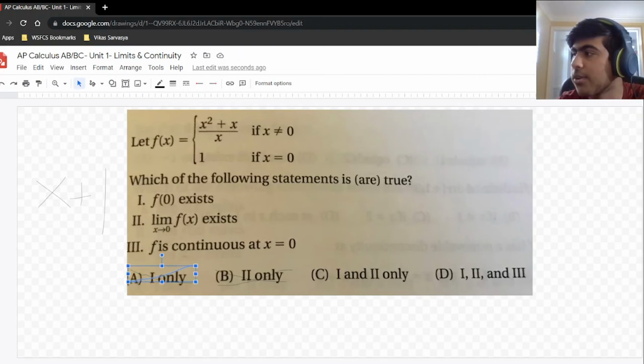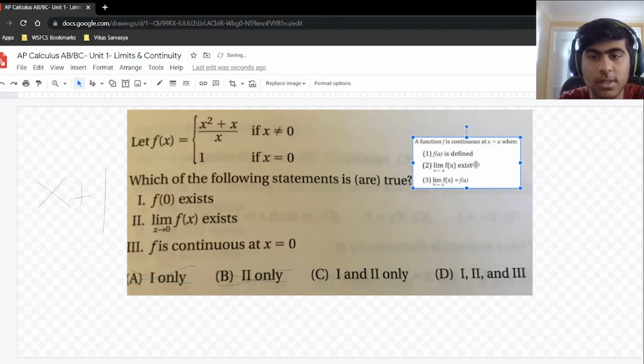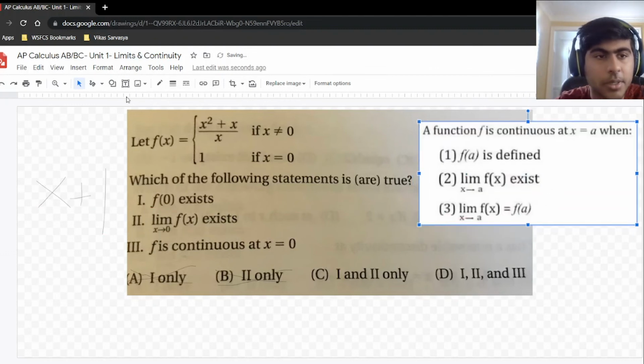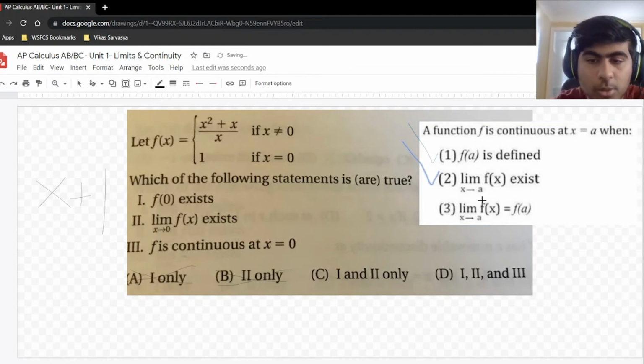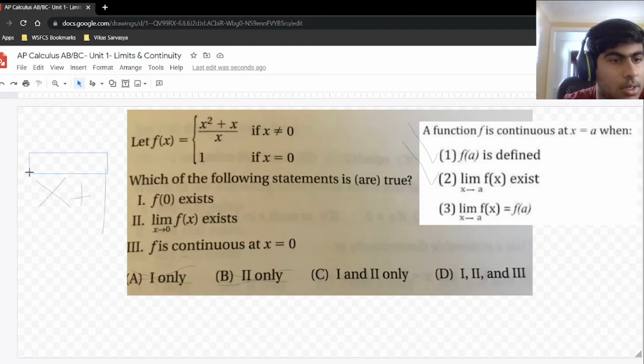Now, thinking about our definitions of continuity, let's see this up here. You need all three of these criteria to be satisfied for something to be continuous. We got that f of a is defined. We got that the limit exists. Now we have to see that they both equal each other. The limit at x equals 0 is, we just plug 0 into this polynomial over here, and we get 0 plus 1 equals 1.